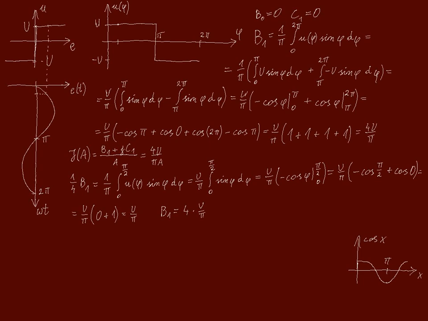And what would happen if we forgot that the components b0 and c1 are equal to 0? If we make no mistake, we will get correct results, but only when calculating over the entire sine period. In the case of calculations for a quarter of a period, the obtained result will be incorrect.